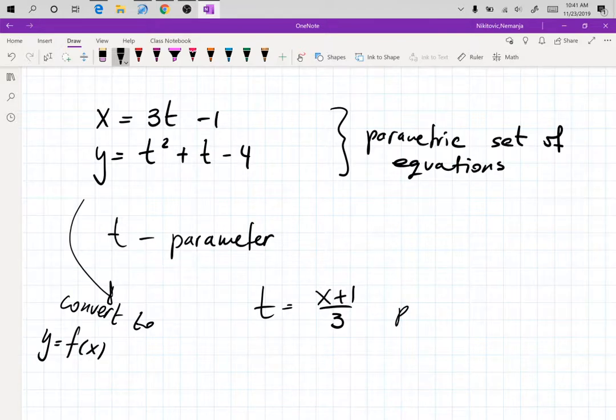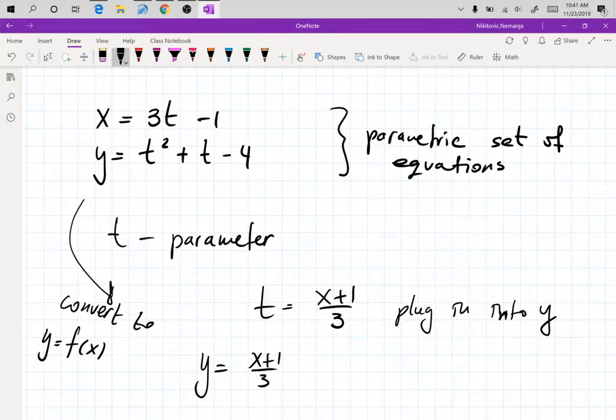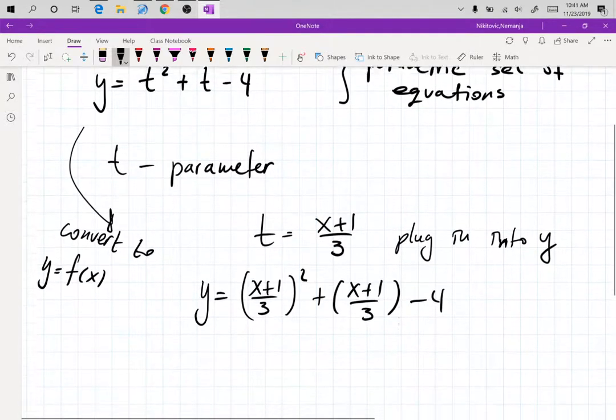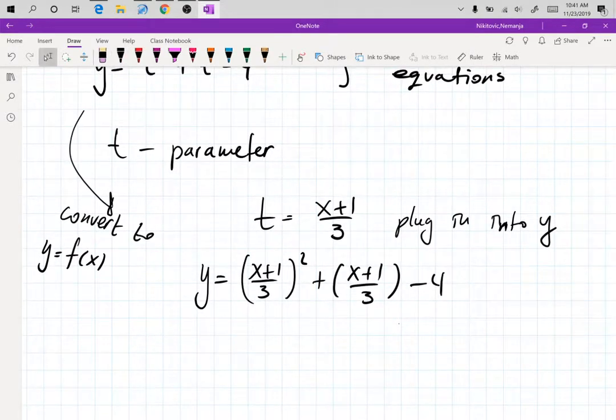And now you plug into y. So y is equal to (x plus 1 over 3) squared plus (x plus 1 over 3) minus 4. And when you just work this out, you will get something that is just based on x and y, which is your good old equations you are used to from the beginning of life, right?